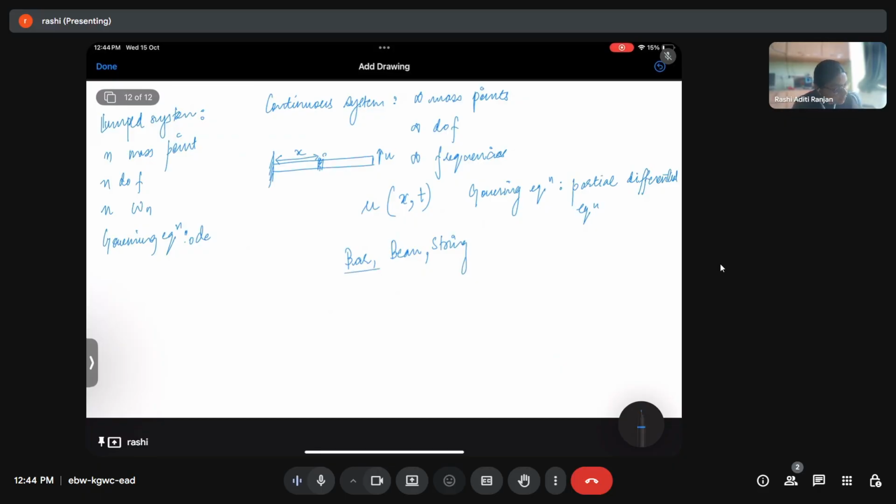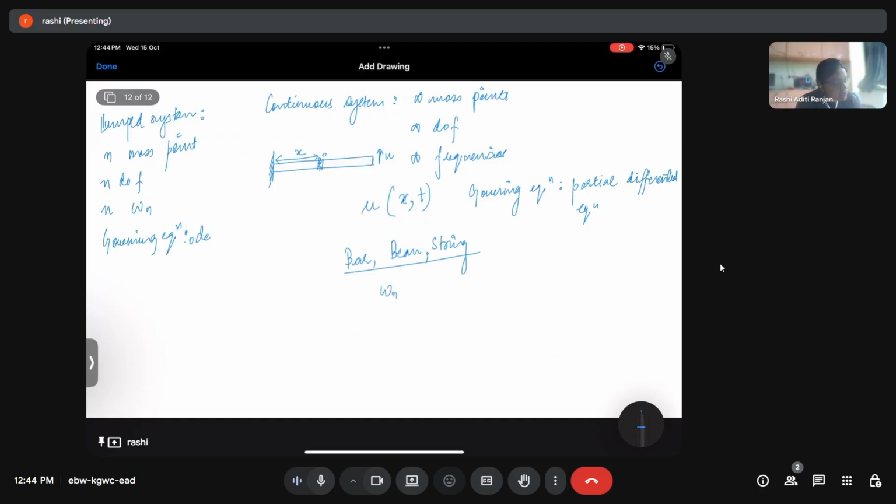But what is important over here is that we have infinite frequencies, right? And even if we use the model that we are using for the partial differential equation, we are going to get the fundamental frequency, which is going to be omega n. But what about the other frequencies?